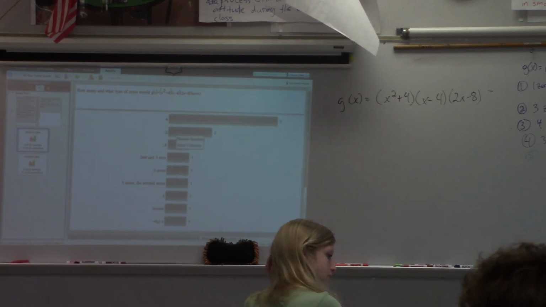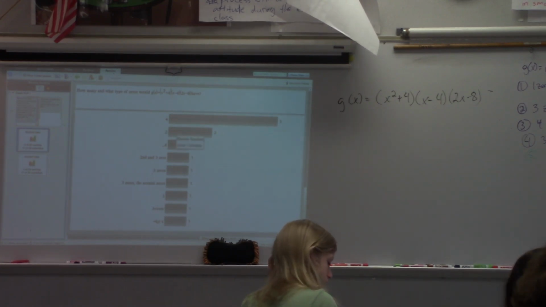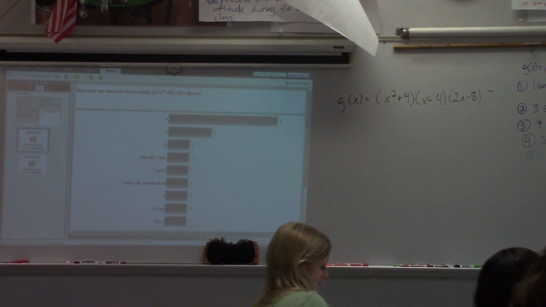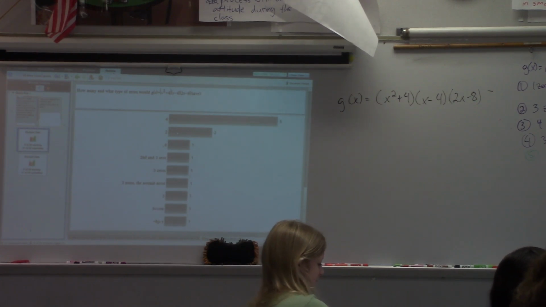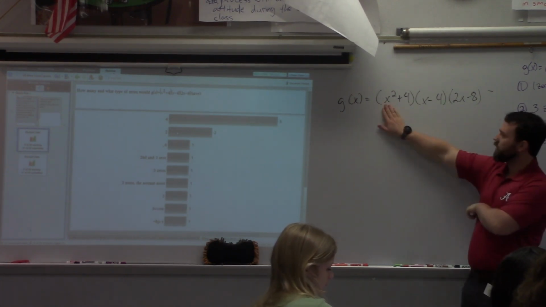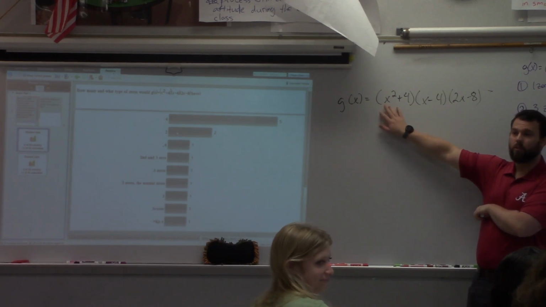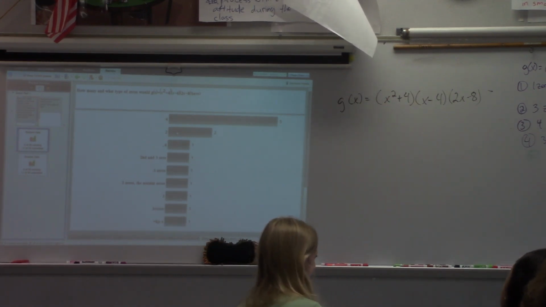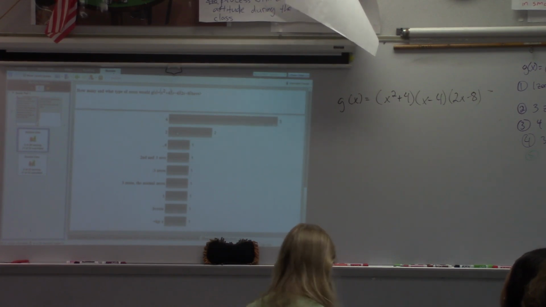Okay, so Hayden or Eliza, why were y'all thinking 2 here? I put 2, but that was 2 squares. So you're talking about the square right here? Yeah. Okay. So that x squared would indicate how many zeros? 2. Okay. So then why did some of us put 3 and some of us put 4?